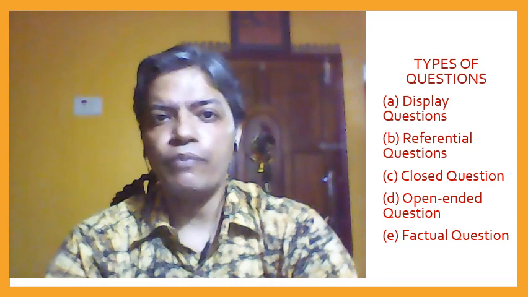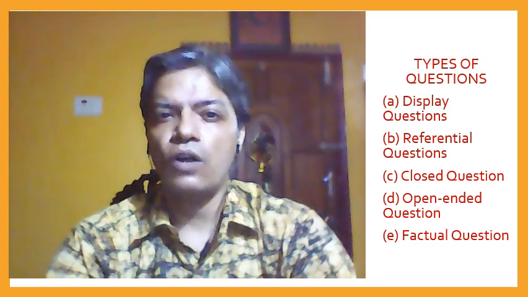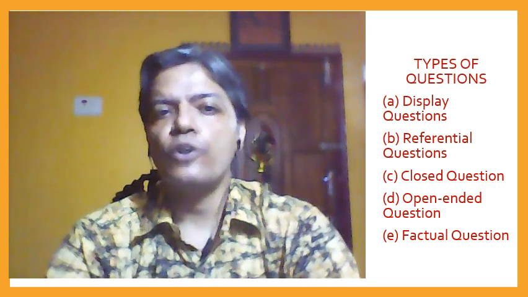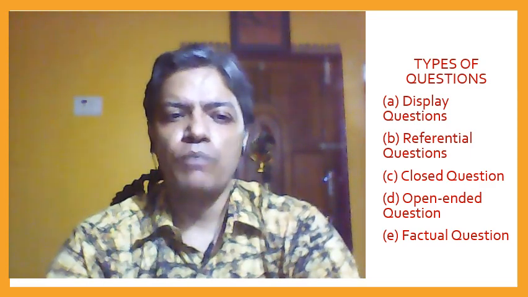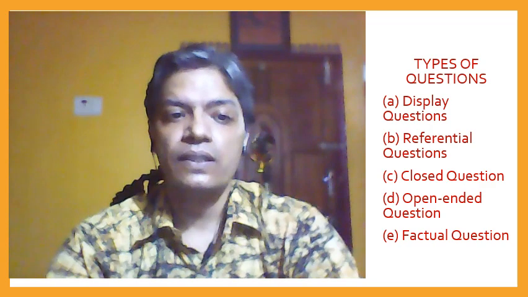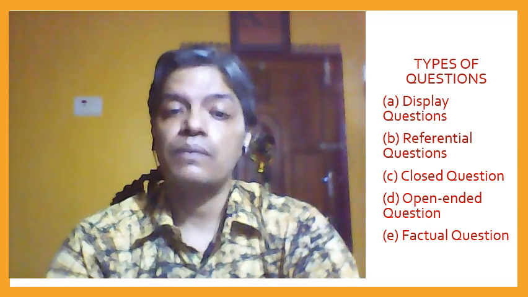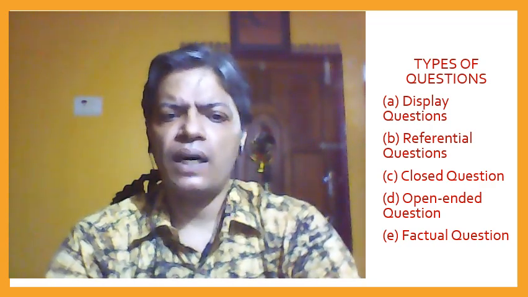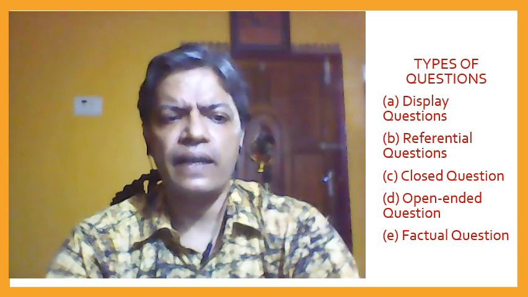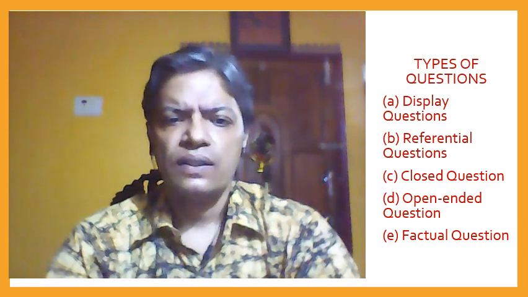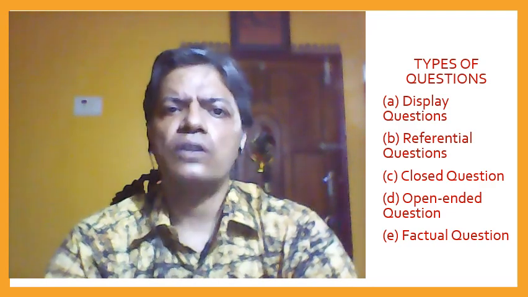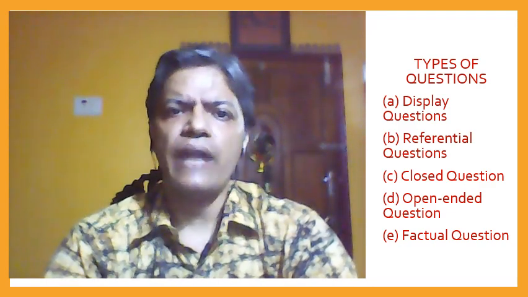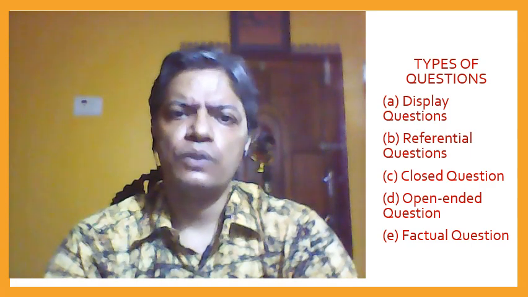The fourth type of question is called the open-ended question. In an open-ended question, usually more than one correct answer is possible. Say a question related to a discussion: is it better to board an aeroplane or a train to travel from Kolkata to Mumbai?